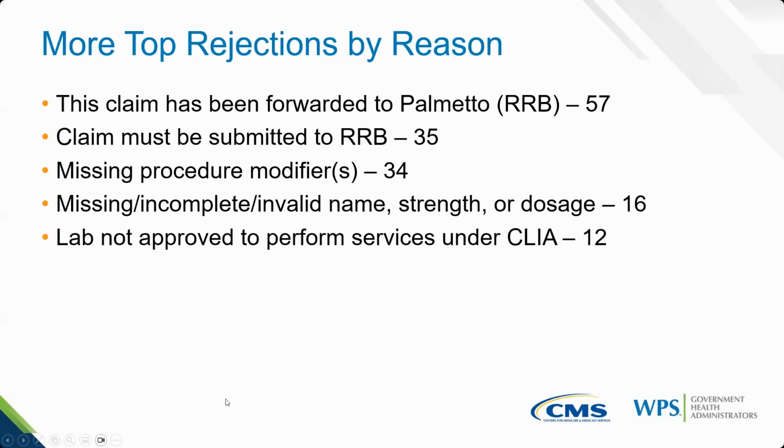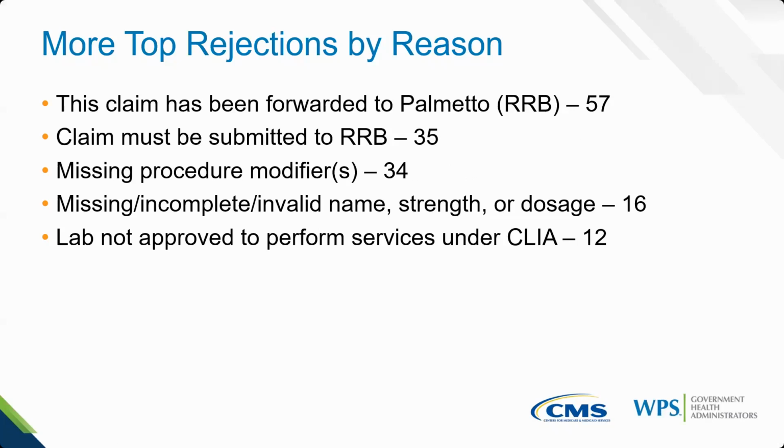Next up, this is a common rejection across the board, not just for specialty 01, but for other specialties. This claim has been forwarded to Palmetto Railroad Board, 57 claims, very similar to the claim must be submitted to Railroad Board, 35 claims. So for these folks, what's happened is the provider has submitted a claim to traditional Medicare, to WPS, GHA, the MAC, when it should have been submitted to the Railroad Board contractor.